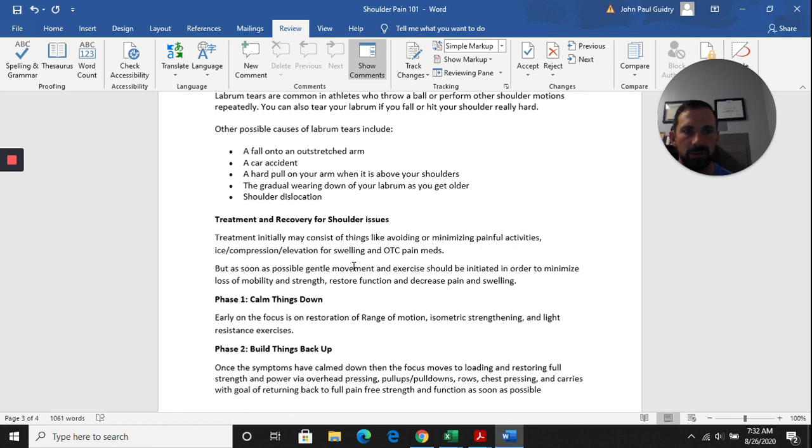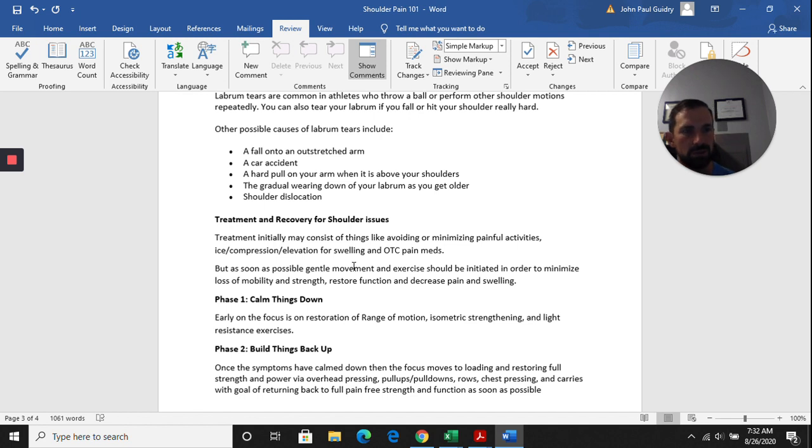So in phase one, we're working on pain control, we're working on restoration of the range of motion as you tolerate it, isometric strengthening and light resisting exercises to the rotator cuff or the shoulder joint itself, as well as the surrounding musculature.